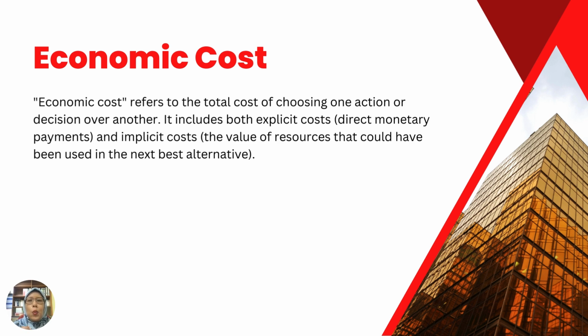So what is it exactly? Economic cost, well, ladies and gentlemen, it's not just about the money you spend directly. Economic cost includes all the costs you face when you choose one action over another. This means we are looking at both explicit cost and also implicit cost.